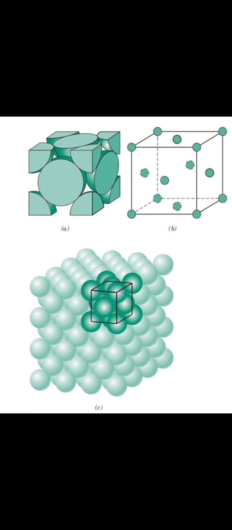And therefore B is called a reduced sphere unit cell. And therefore C, diagram C, is called an aggregate of many atoms. That's what is basically taking place.